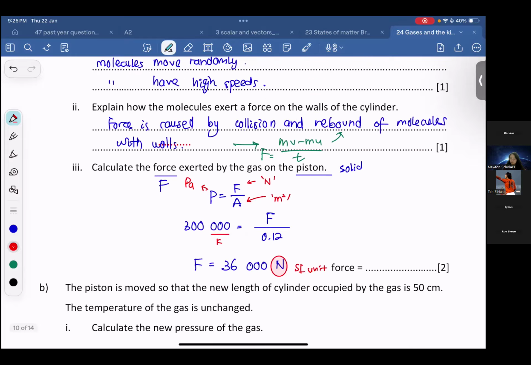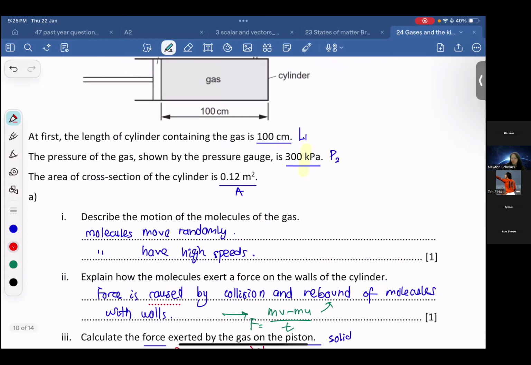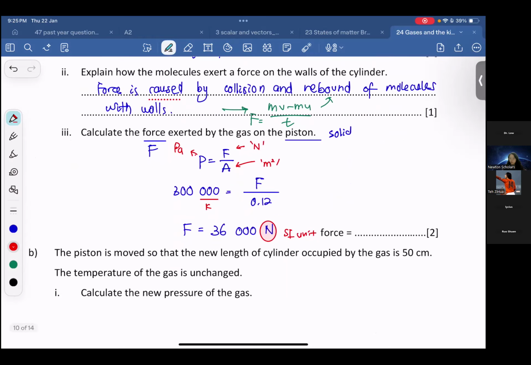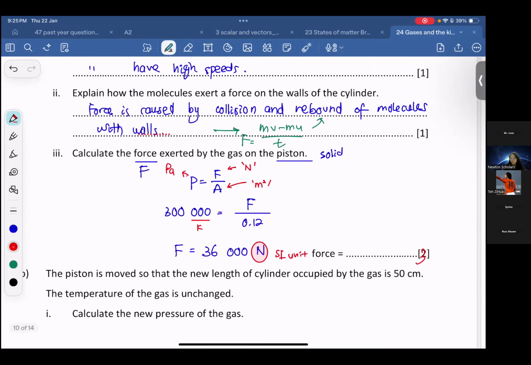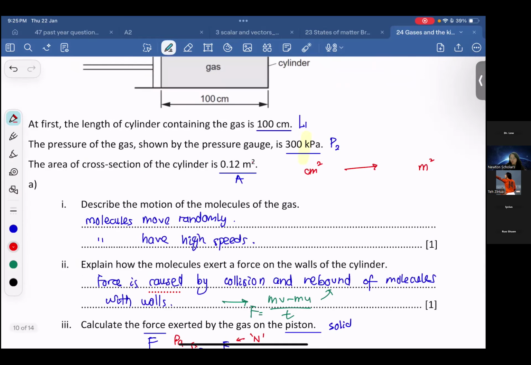If they want to trick you, they can give the area in cm square. You need to do one more step to convert to meter square. If they want to trick you here, they can give 3 marks. Then one of the marks is, do you know that you need to convert 0.12 to meter square?